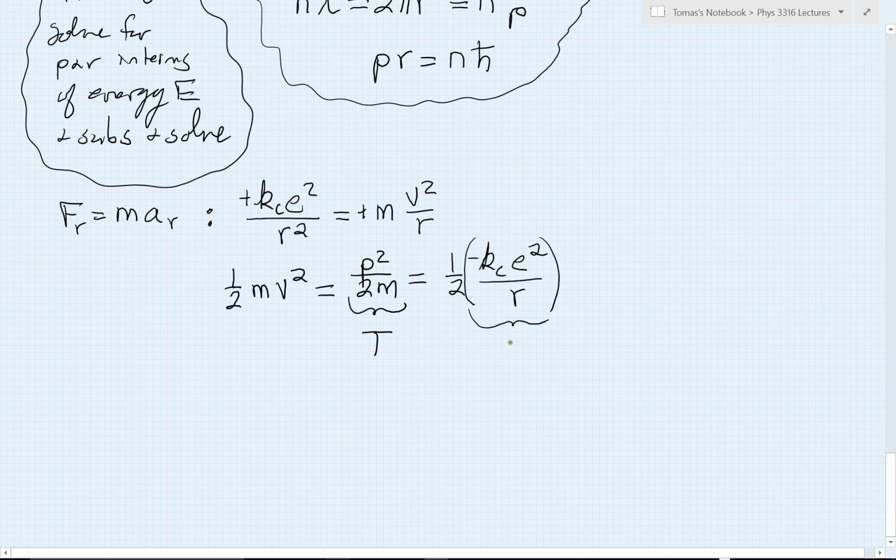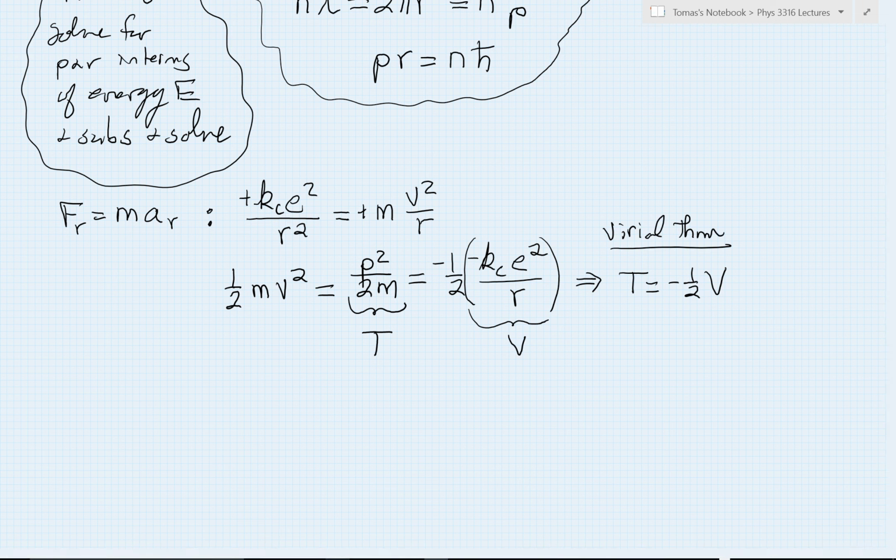I just broke my equality, though, and to restore equality, I would have to put in a minus sign. So you see, we've immediately come to this interesting relation, now proved, which is related to the virial theorem, which is telling us that in this case, the kinetic energy is actually equal to minus 1/2 the potential energy. And so then we can relate this eventually to the total energy.